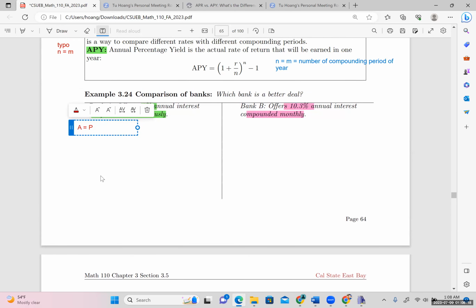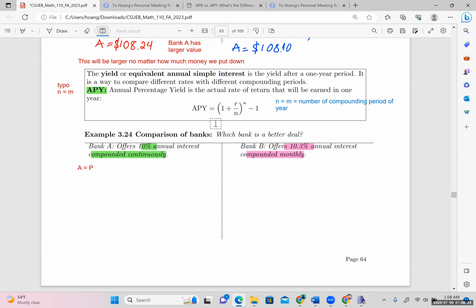Oh, before doing this, I forgot one thing. There's a small typo that we have to watch out for. For this APY formula, we're using the compound interest formula and subtracting 1. Here M is the number of compounding periods per year.